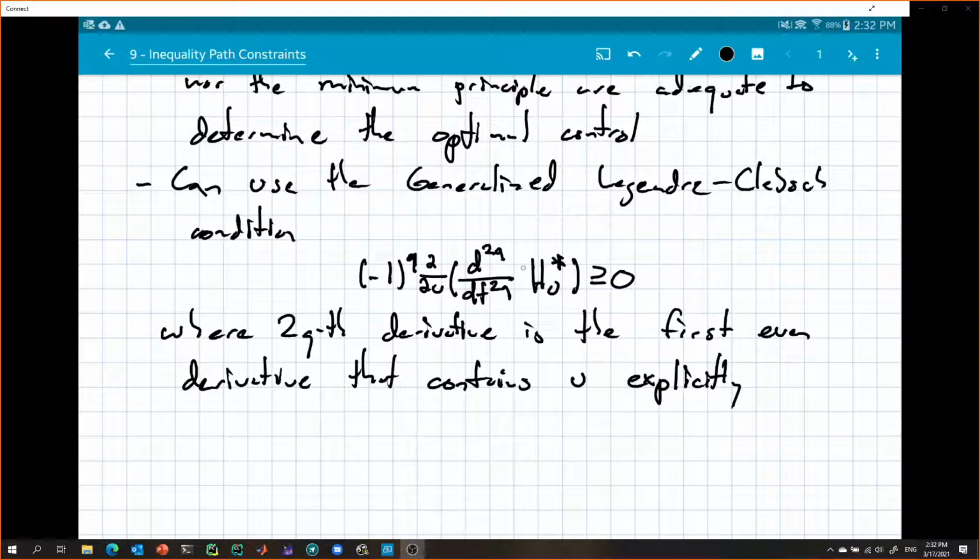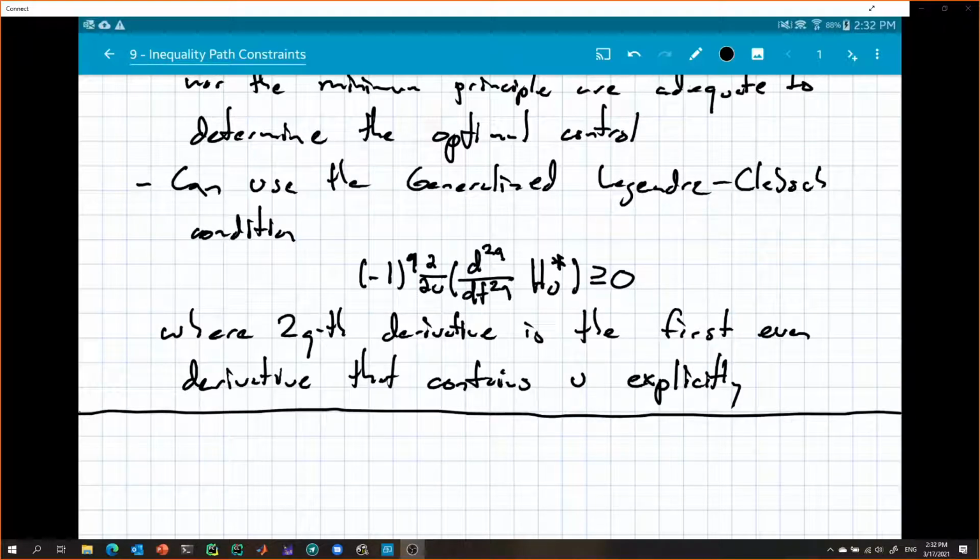So basically you keep on increasing q until you get the control to pop up, and then we can use this to solve for the control law. What this is providing us is higher order derivative information.